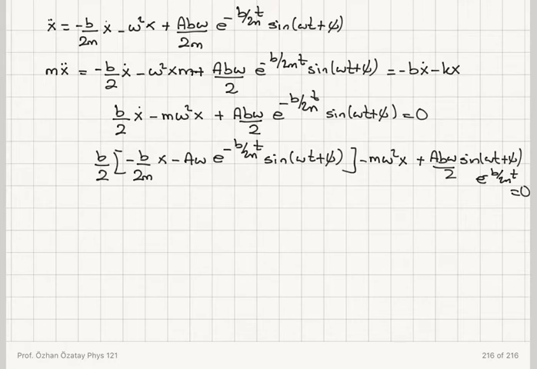So I'm going to distribute this b over 2 into this parentheses and put it in x parentheses. So in x parentheses I have minus b squared over 4m minus m omega squared, and I also had a k x here, so I have to take that into account.